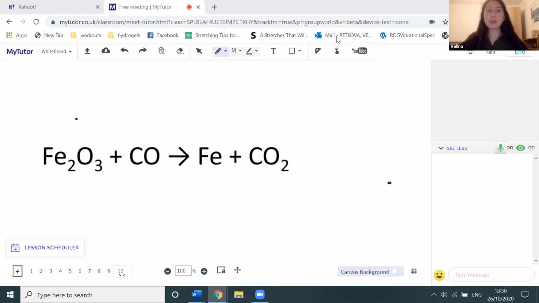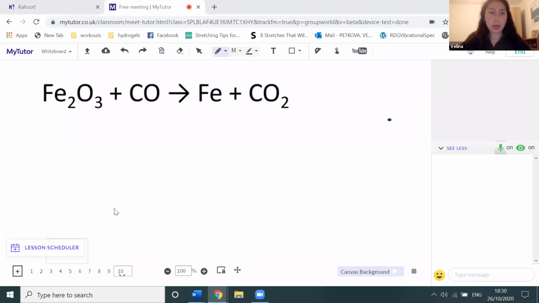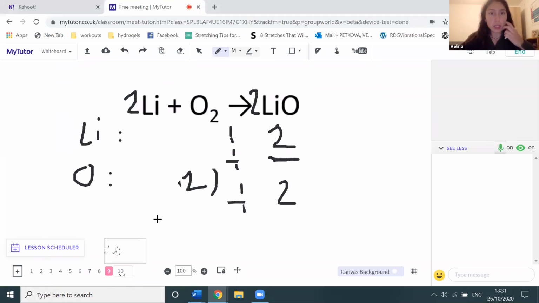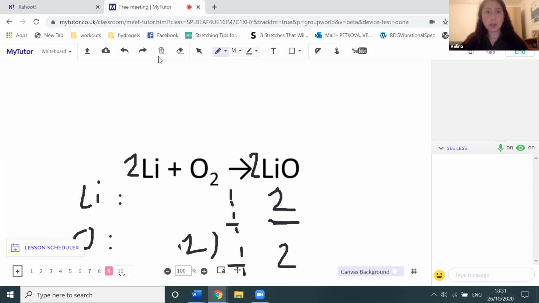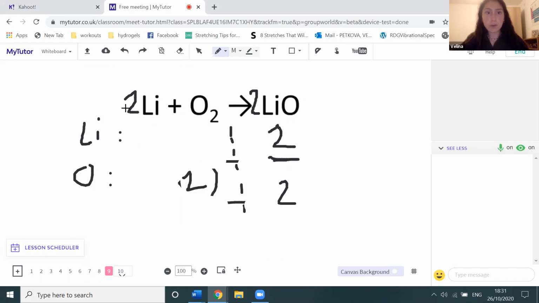So when balancing equations, great question, which compound should you start off with?